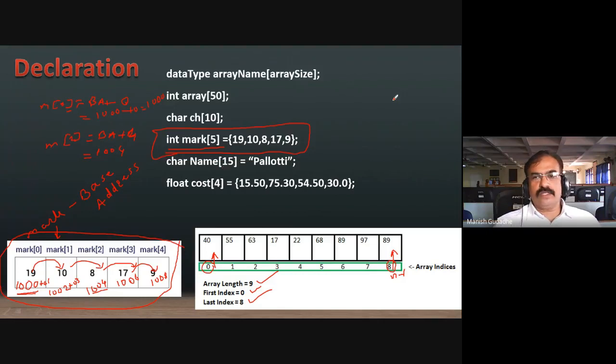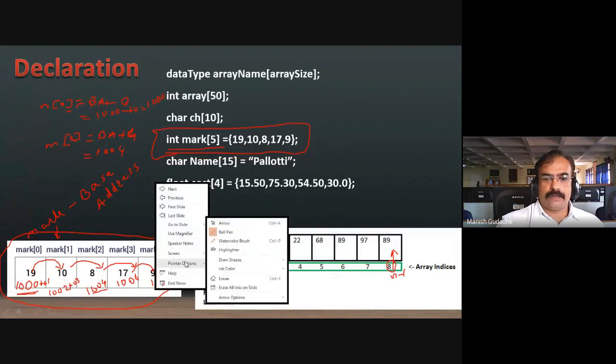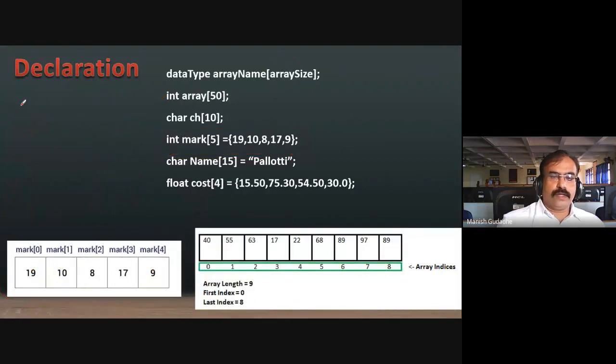So how can I generalize this statement? M of I will be equal to base address plus I into size of element.